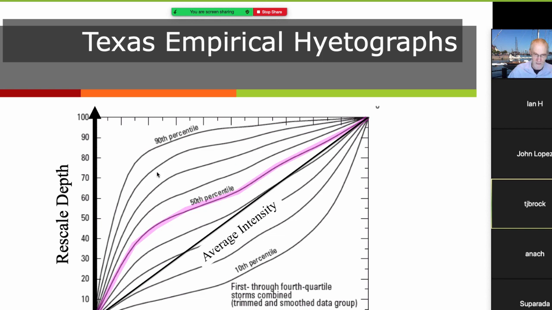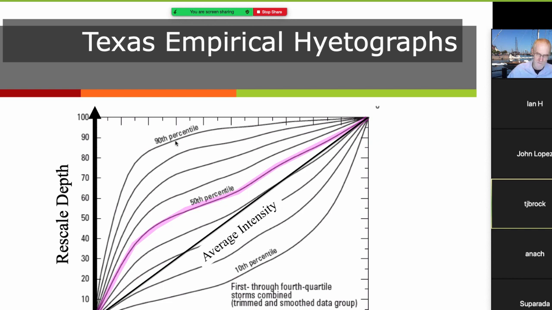So here is a family of non-dimensional hyetographs. Horizontal axis is time, vertical axis is depth, and there's the 10th to the 90th percentile. A 10th percentile hyetograph means that of the 6,000 observed storms studied, 10% of them would plot below this curve, 90% plot above the curve.